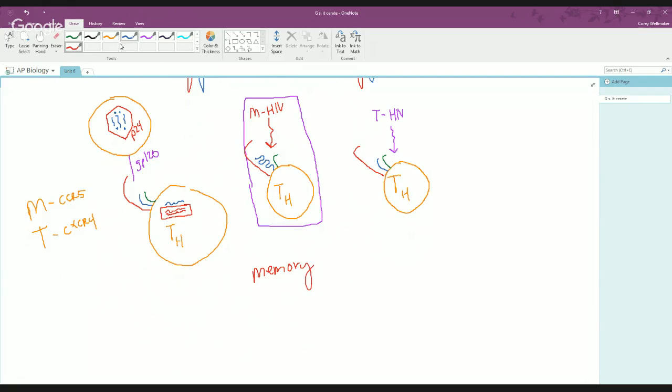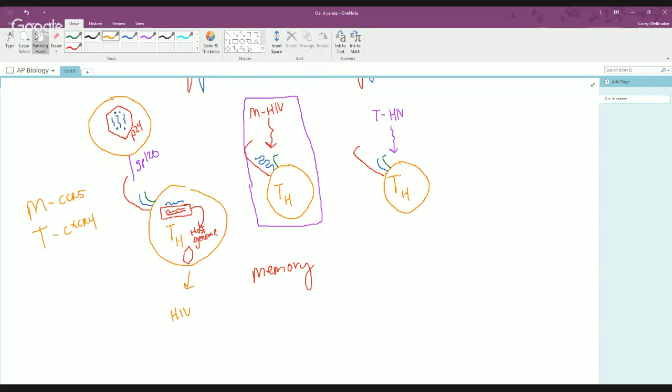It uses other enzymes to take its DNA and stitch it into the host genome. We call that integrase. And then finally, it uses still other enzymes that it packages inside the capsid to assemble the capsid and bud off of the host cell so that it can go and infect other helper T cells.